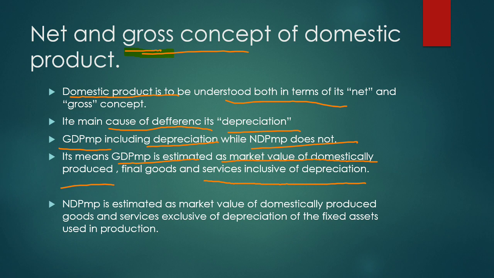These are commodities already purchased by the final user, and here the depreciation of the fixed assets used in production has already been deducted. I hope you have understood that.